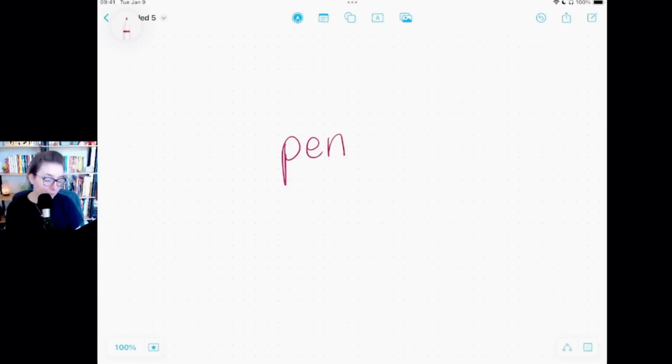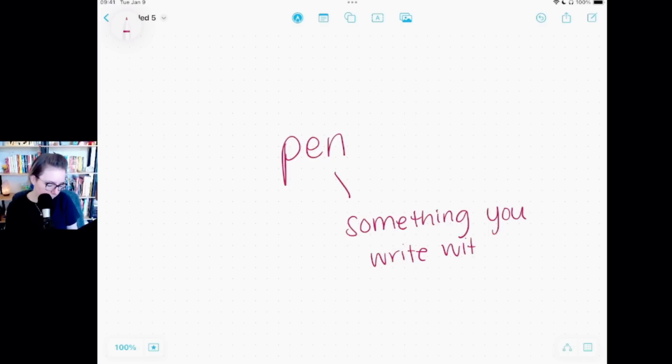You probably think of this word as something you write with. For example, this is called an Apple pen, but pen also has another meaning.